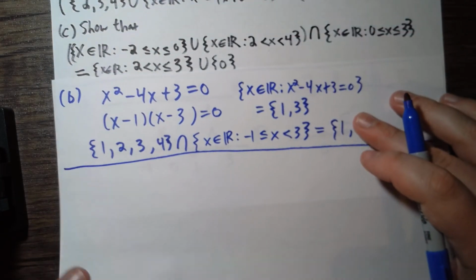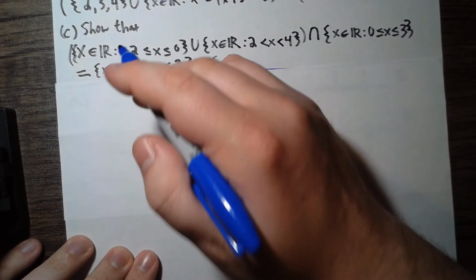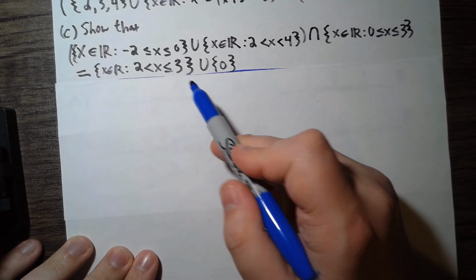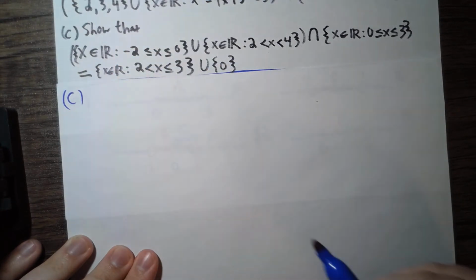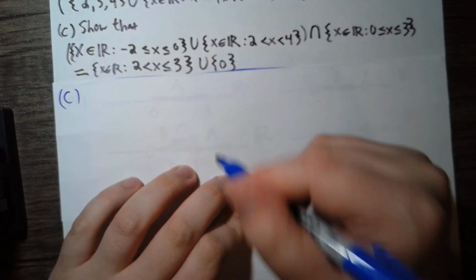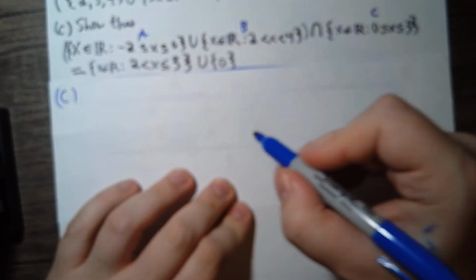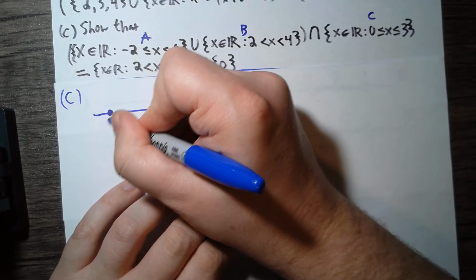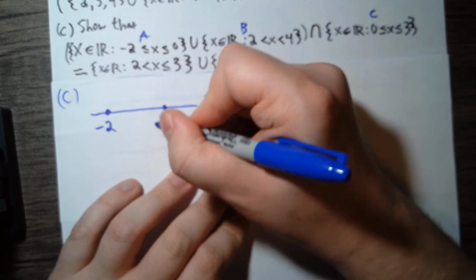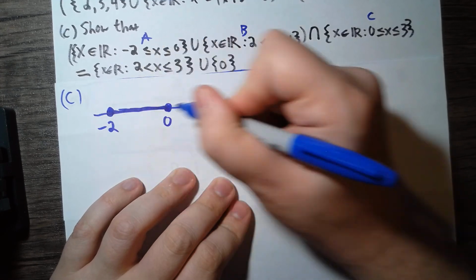Alright, and finally, maybe I'll flip it over like this, and for C, we have this long equation, or just a bunch of sets. I'm going to call these A, B, and C. First, if we look at A, if we're looking at R, and this is negative 2 and this is 0, then we're just taking everything between negative 2 and 0.